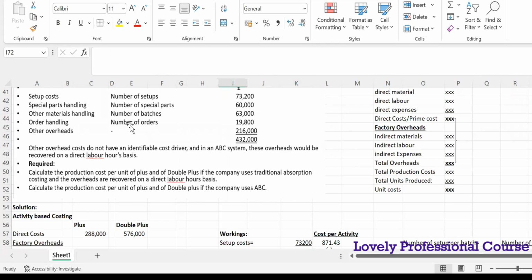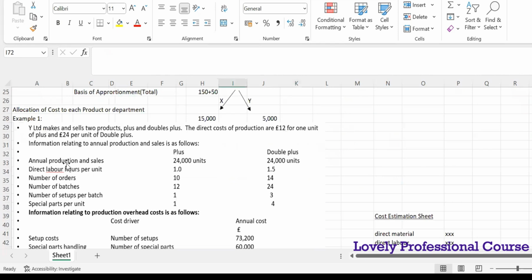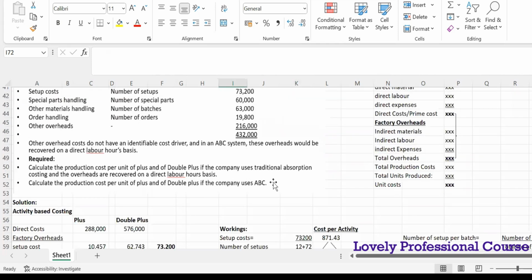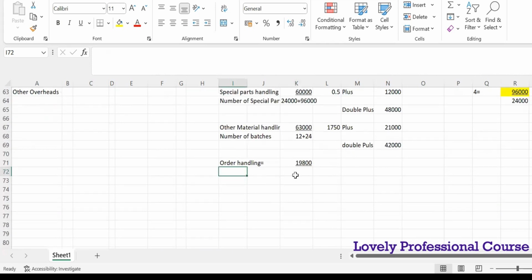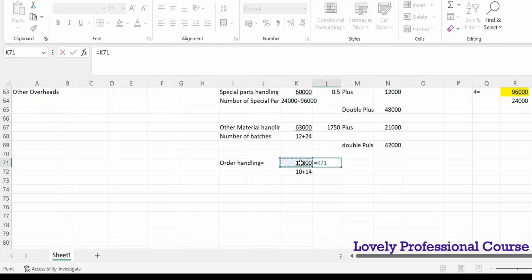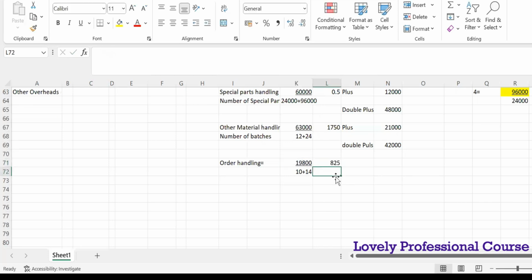He tells me to use the number of orders. So what are they? Here we have them. The number of orders is 10 for plus, and for double plus it is 14. So I have to use here 10 plus 14. Are we together? This will be my order handling, which will be equal to 19,800 divided by 24, which is 10 plus 14.